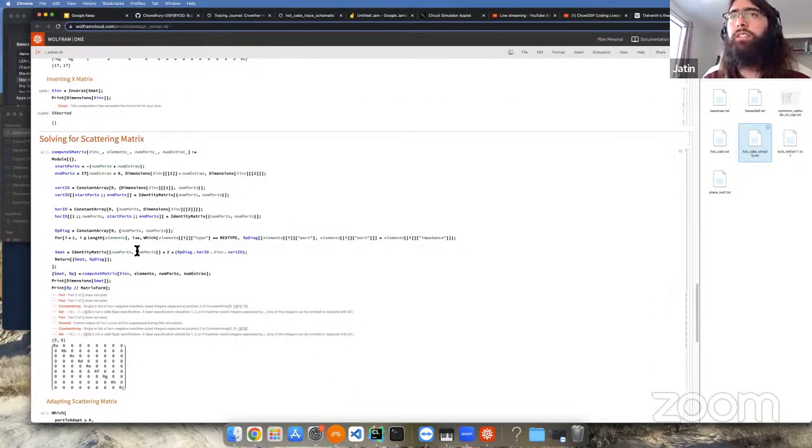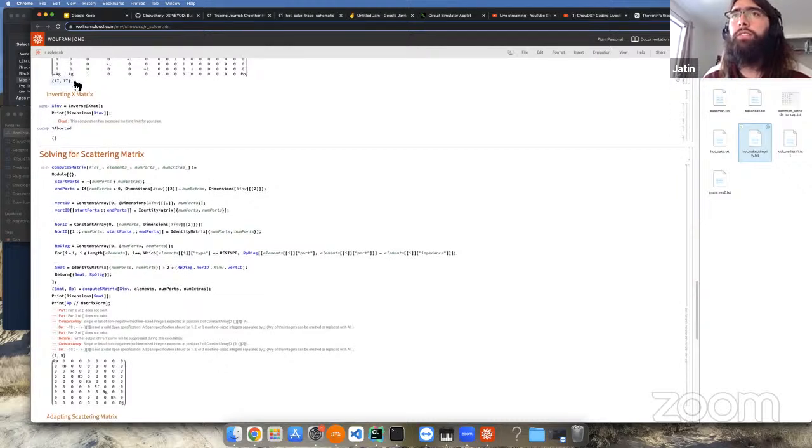Let's see. So we've got ourselves down to this 17 by 17 matrix, and that's going to be the same no matter whether it's the original matrix or the inverse matrix.